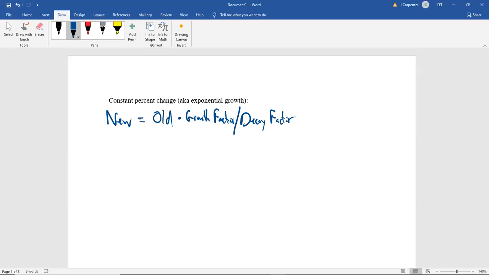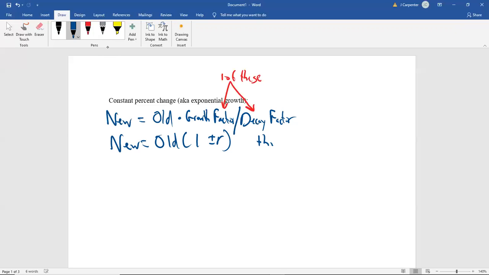You either grow or you decay, it's one or the other. The growth decay factor is 1 plus or minus r. So new equals the old times 1 plus or minus r, where plus is growth and minus is decay. This is how we go from year 5 to year 6, or year 2 to year 3, or year 0 to year 1, or from 50 to 51.